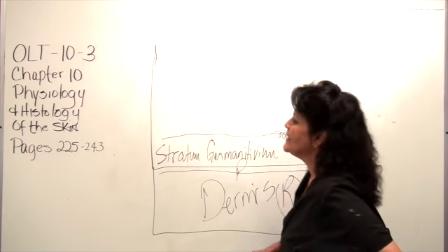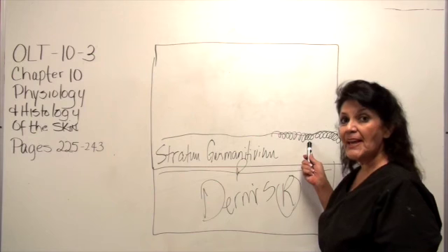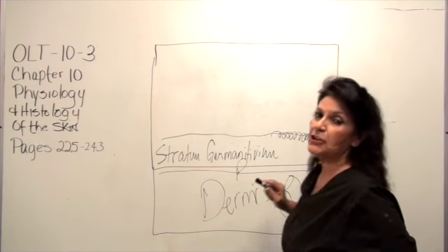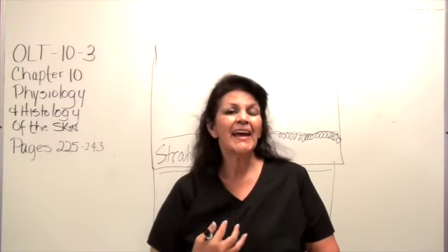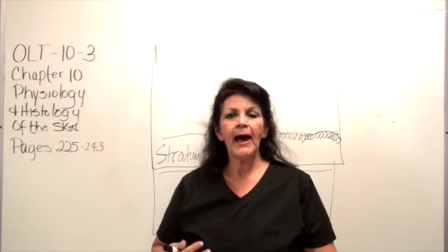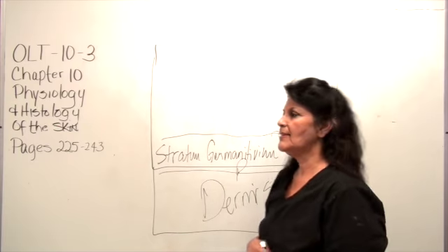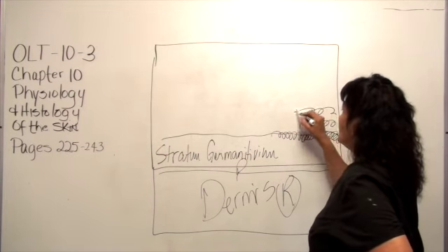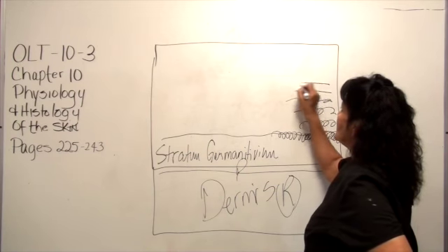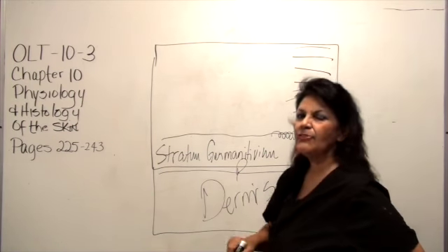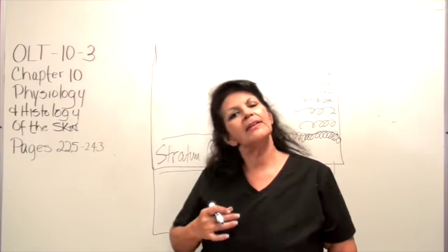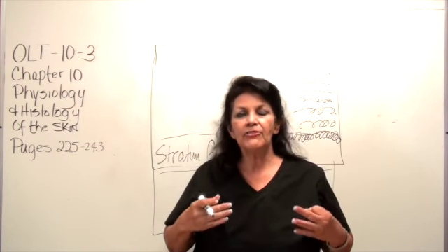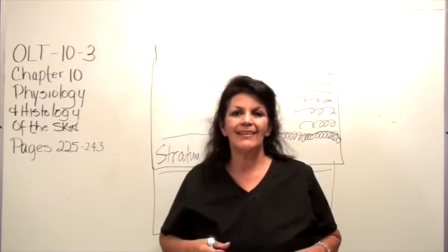The objective is to take 28 days for these cells to get to the top layer. When the host is unhealthy, that's not going to happen. These skin cells are going to die somewhere over here and start laying flat, and that's where you get that dull appearance. That's where you need deeper exfoliation, because you've got to get rid of the dead skin cells.